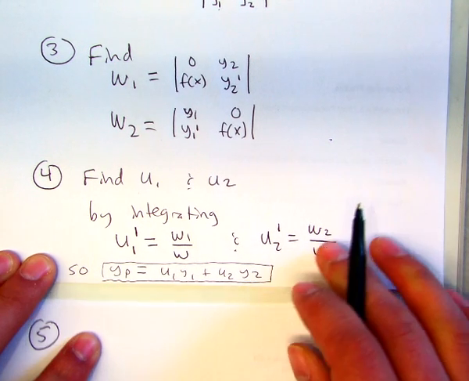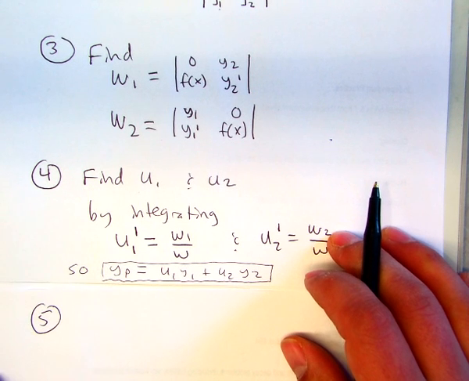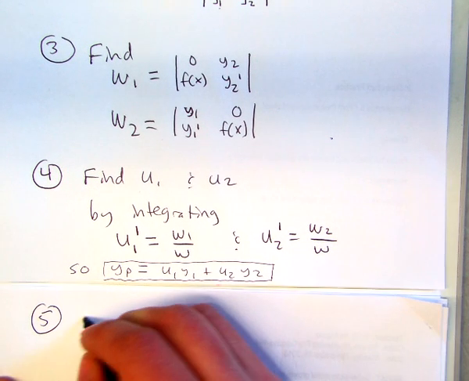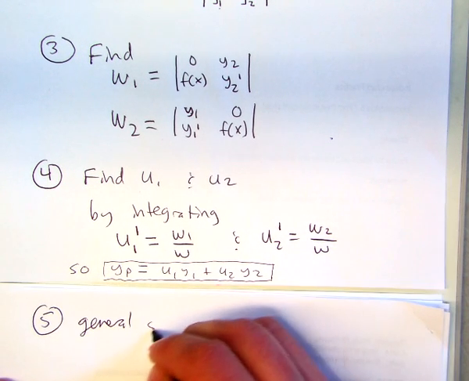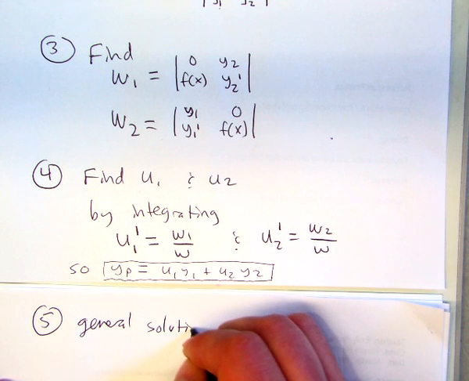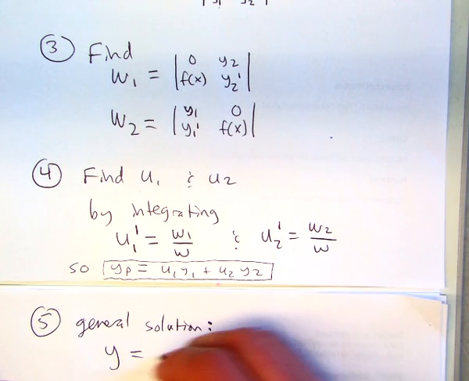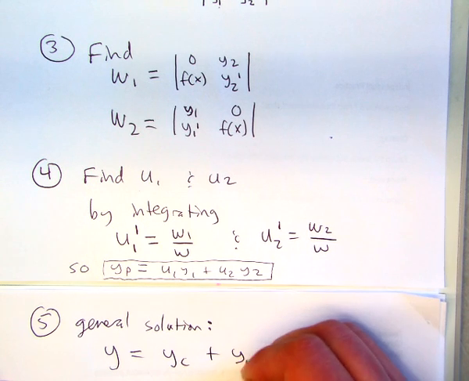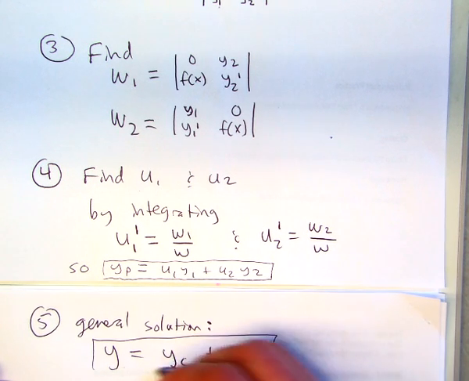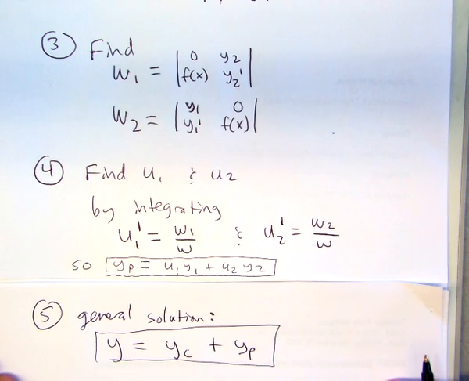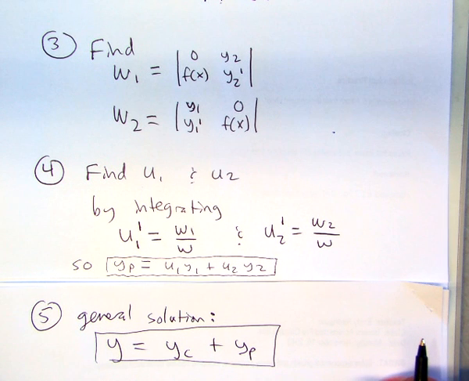That's how we will put it back together. And then our last step is to go ahead and put the general solution together, which is complementary plus particular. Okay, so that's kind of the outline. It seems like a lot of work, but it's actually not too bad once you get this thing going.